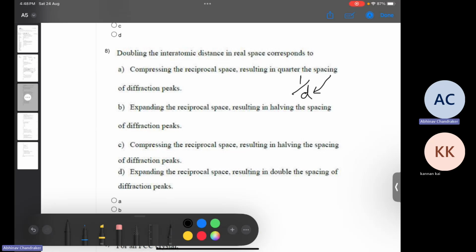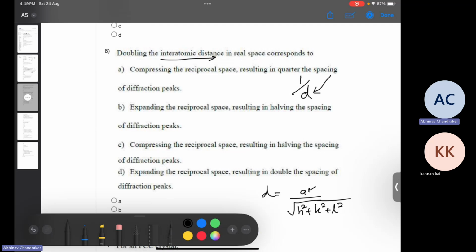So if in real space you have doubling of the interatomic distance, the spacing between the planes, which is given by a by root h square plus k square plus l square, will also double since a is doubling.